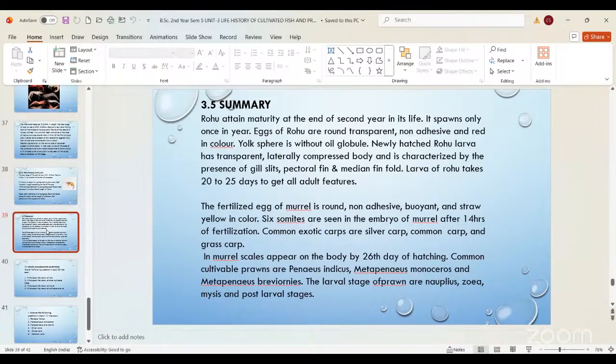In mrigal, scales appear on the body by the 26th day of hatching. Common cultivable prawns are Penaeus indicus, Metapenaeus monoceros, and Metapenaeus brevicornis. The larval stages of prawn are Nauplius, zoea, mysis, and post-larval stages.